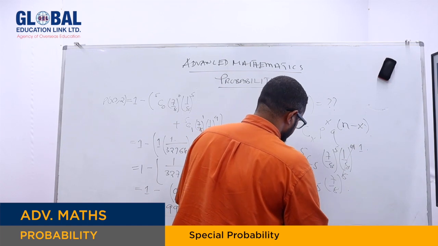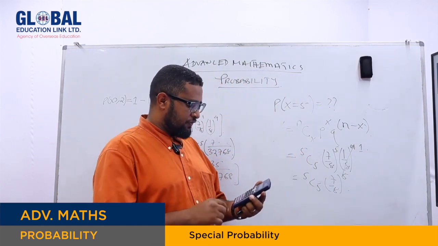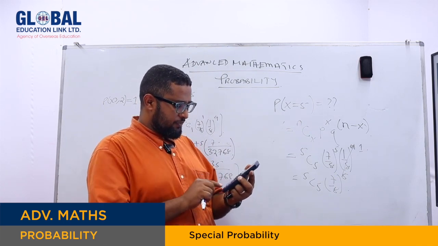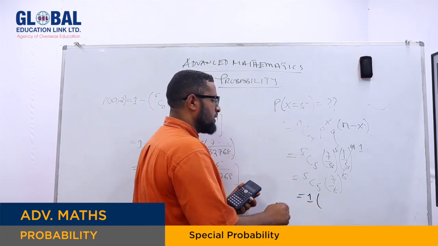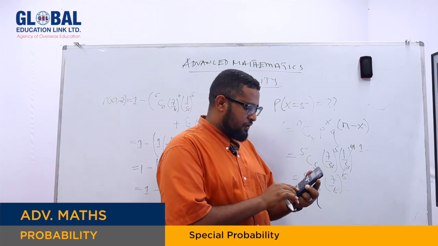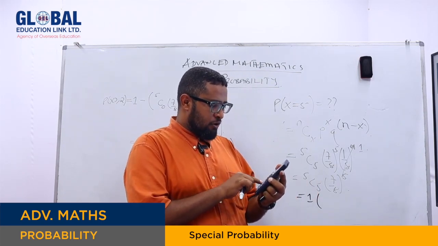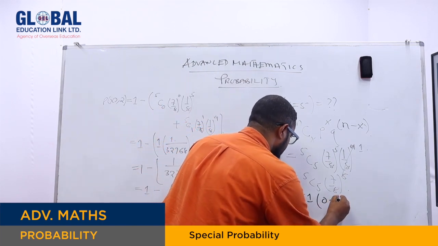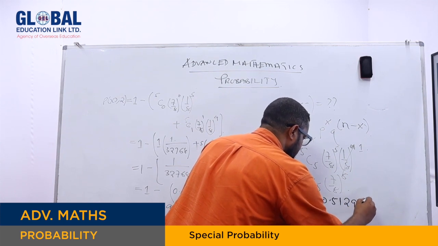So my dear student, use your calculator again, finding 5 combination 5. This is equal to 1. Multiply by 7 over 8 to the power of 5. This gives 0.51298.